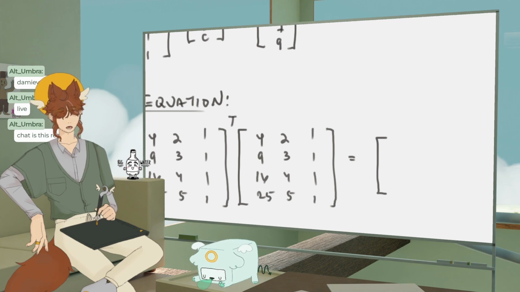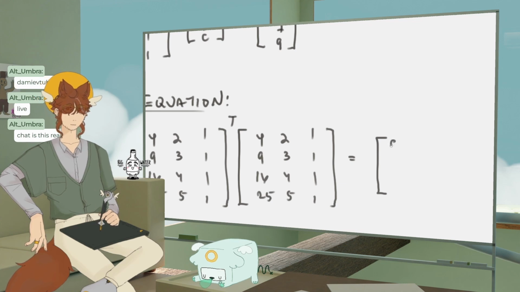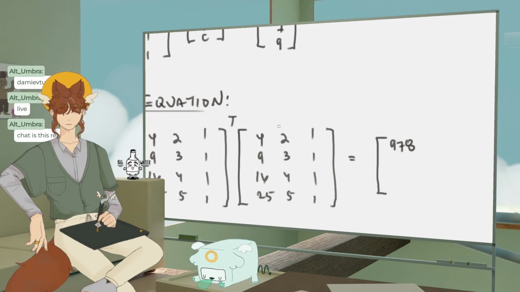Okay, 9 times 9, 81. I don't know what 16 squared is, and I don't want to say what 25 squared is either. Okay, 987. Sorry, 978. Dyslexia. Okay, so 4 times 2, 8, plus 9 times 3, 27, plus 16 times 4, plus 25 times 5, 125. 224.